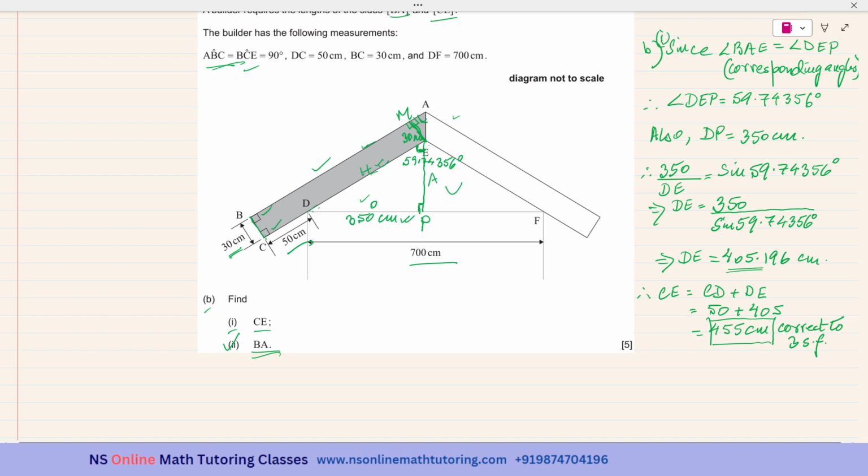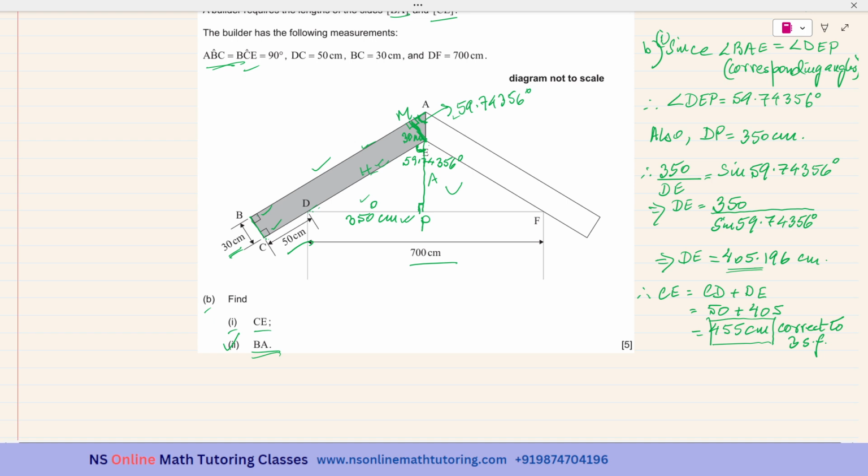Okay. And we know this angle, it is 59.74356 degrees. So from this triangle AME, we are having this angle, we are having this 90 degree, and we are having this side length. And we need this AM because since we have got the length of CE, therefore CE will be equal to BM.